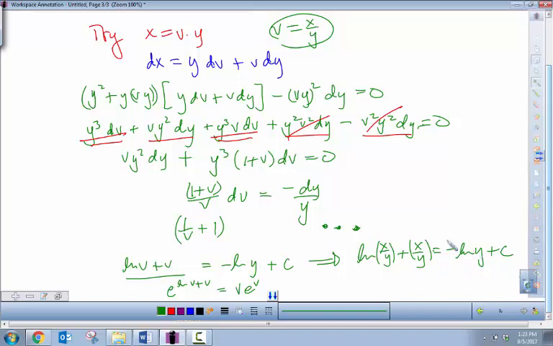And then if somebody's forcing you to find an explicit function, then you could do this. You make it explicit. Natural log of x over y is natural log of x minus natural log of y. Oh, then you cancel it.